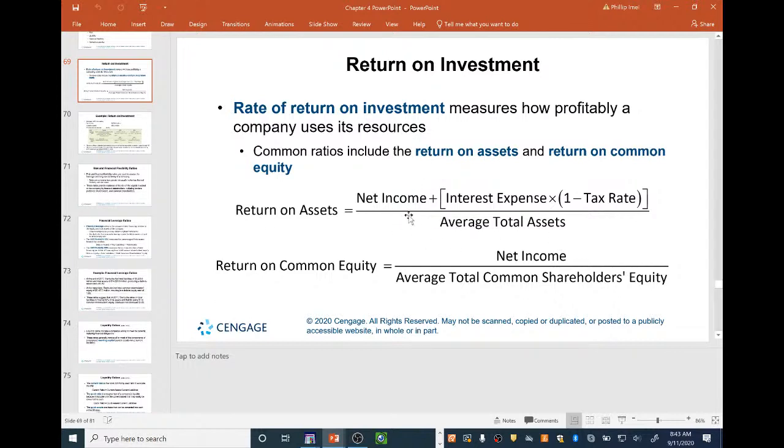We take our net income, add back our interest expense, and multiply it by 1 minus the tax rate. That's going to be divided by average total assets. Return on common equity is just net income divided by average total common shareholders' equity.